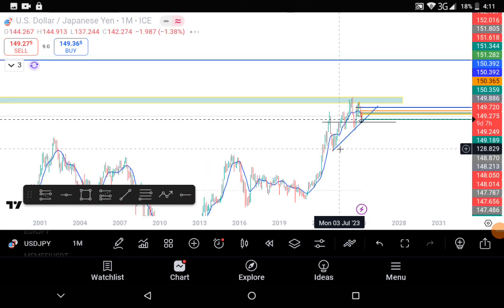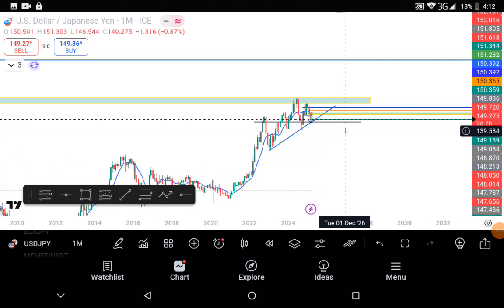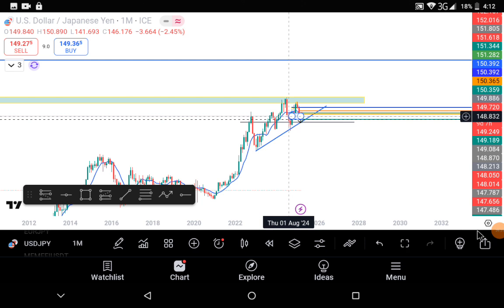So USDJPY is more of sales, so we are looking for more sales on USDJPY right now. That is what I can see here.